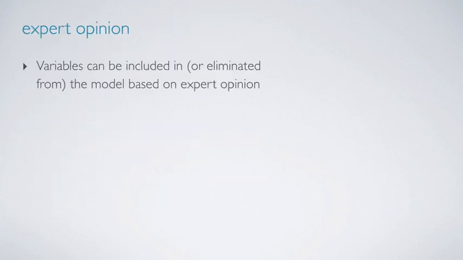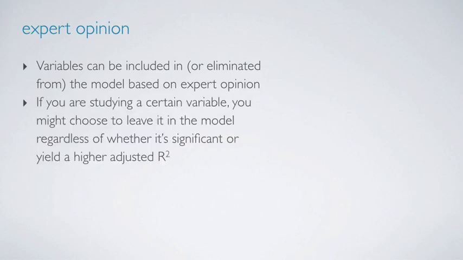We talked about algorithmic ways of doing model selection. However, sometimes variables can be included in or eliminated from the model based on expert opinion as well. For example, if you're studying a certain variable, you might choose to leave that variable in the model regardless of whether it's significant or whether it would yield a higher adjusted R-squared or not.